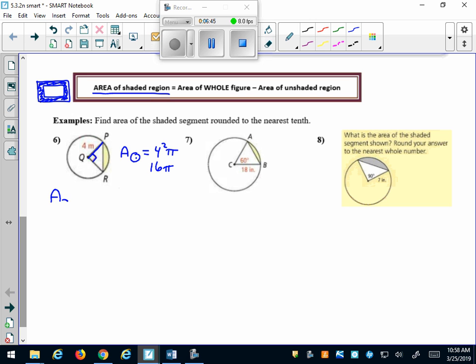Okay, so now we need the area of the sector. Well, the area of the sector is the area of the whole circle times the fractional part, right? So we need 90 over 360 times the whole area, 16 pi.